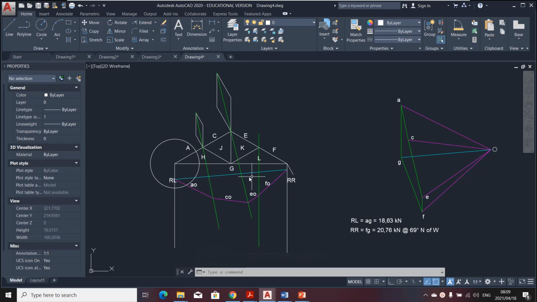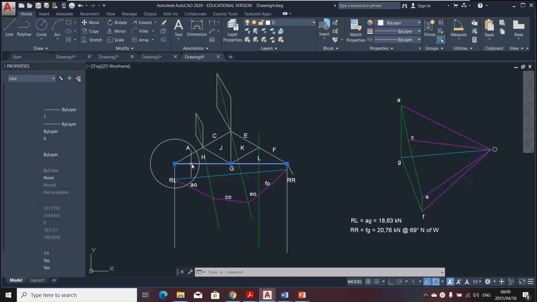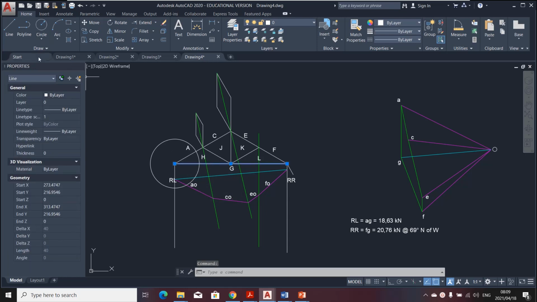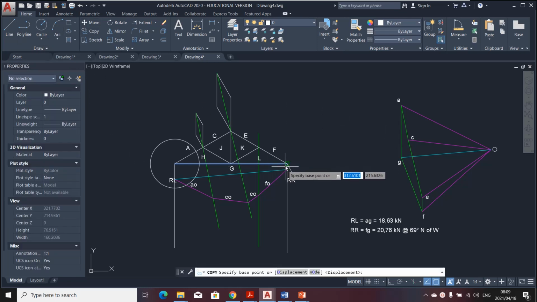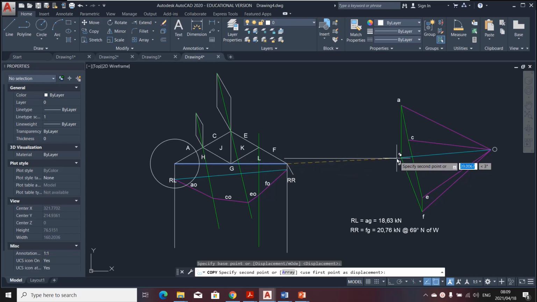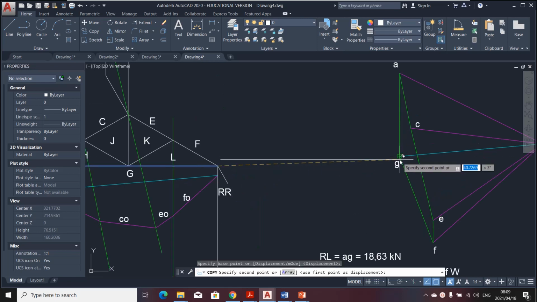So what you need to do now is start with the member which is easier to draw. GH is the horizontal one, so I'm going to take this one. I do have G here, but I don't have H, so I'm going to bring it here.